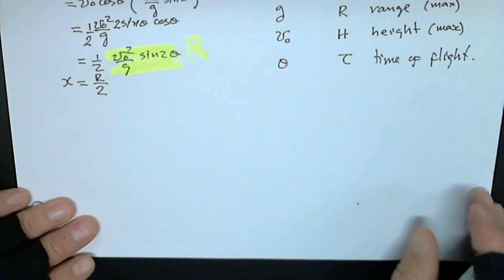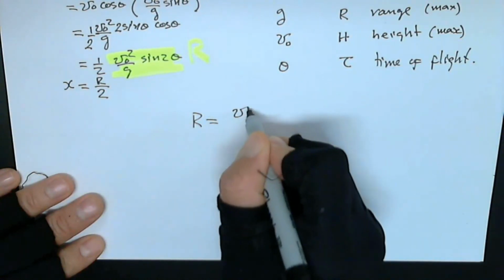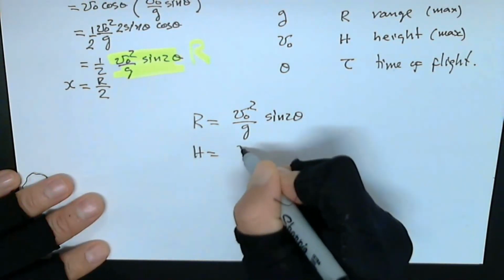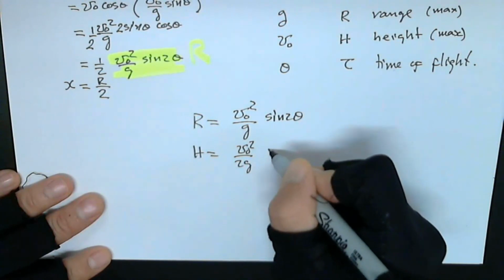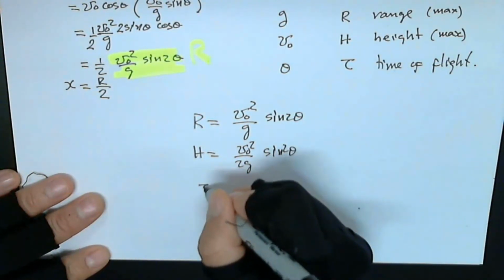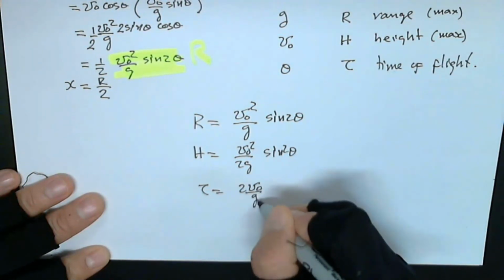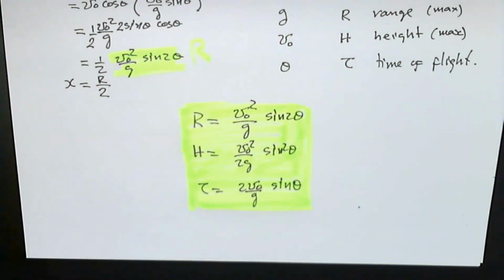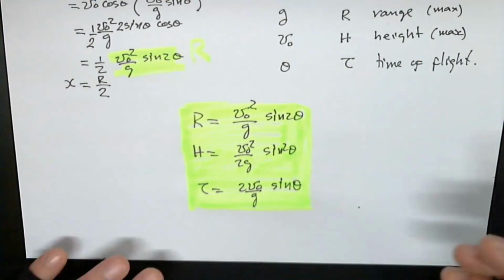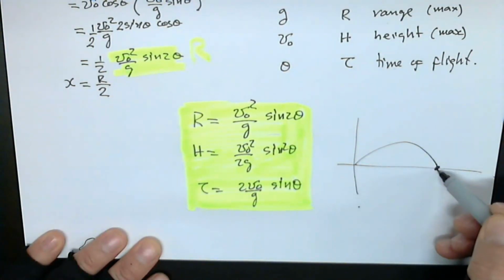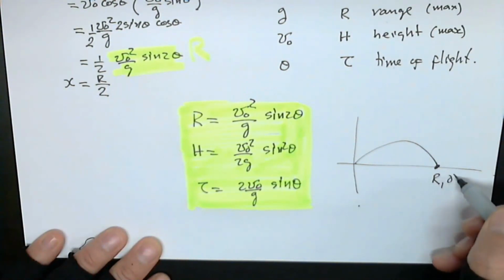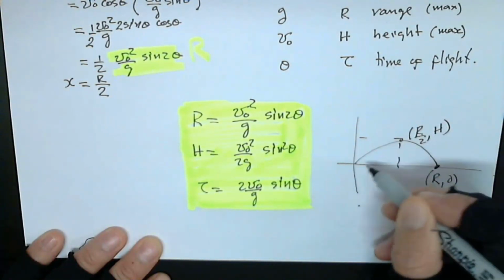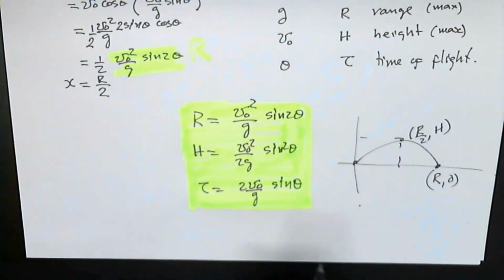And the equations are these equations for the range, for the height, and the time of flight equations.